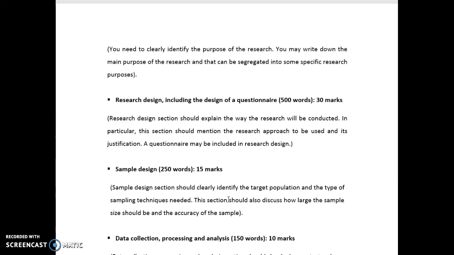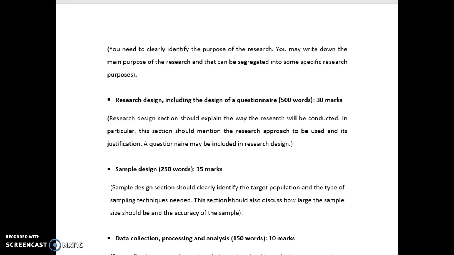Okay. And also you should write down what research methodology you will be following, and what mode of survey you will be following. For example, will you be collecting your data by an internet survey, a telephone survey, or a face-to-face interview? Why?